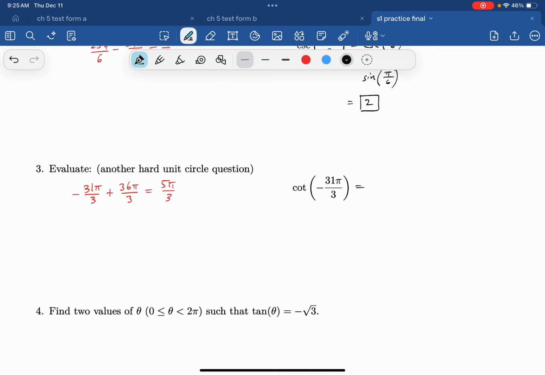So this is really asking us what is cotangent of 5 pi over 3. And that is just going to be cosine of 5 pi over 3 over sine 5 pi over 3, which is equal to 1/2 over negative root 3 over 2, which is equal to negative root 3 over 3, after we rationalize it, which is a must.